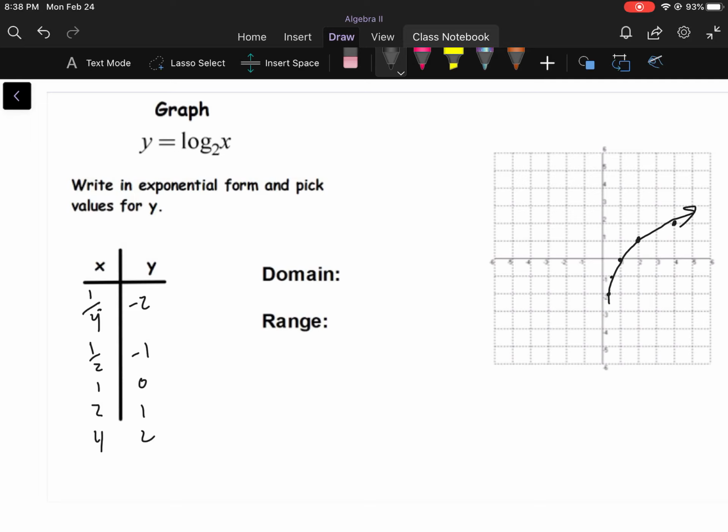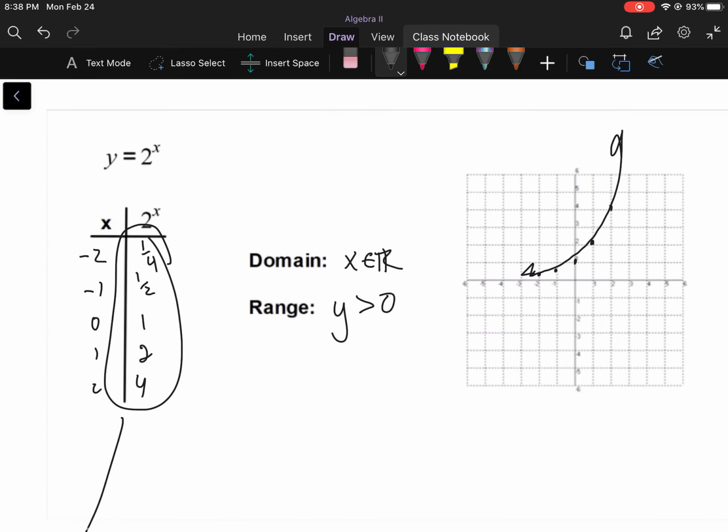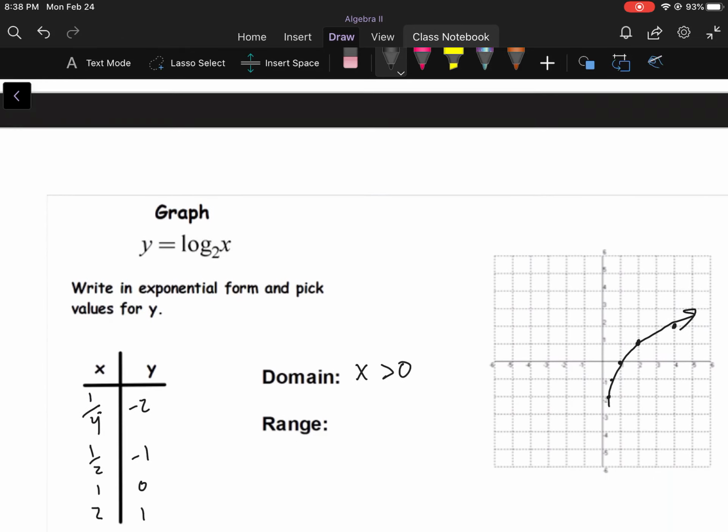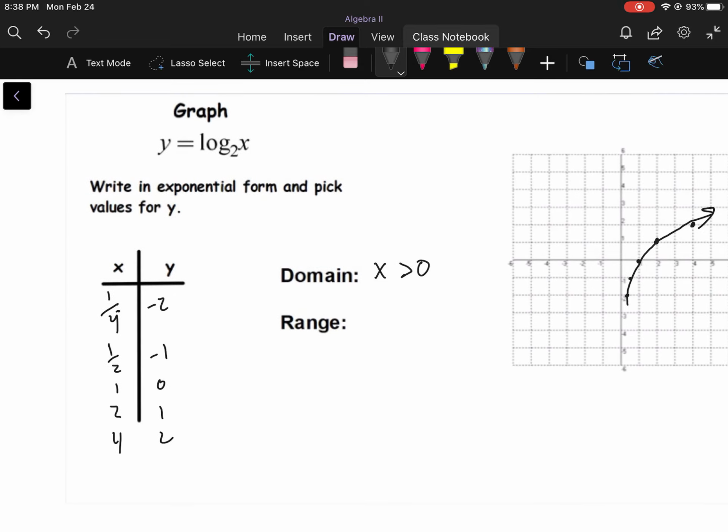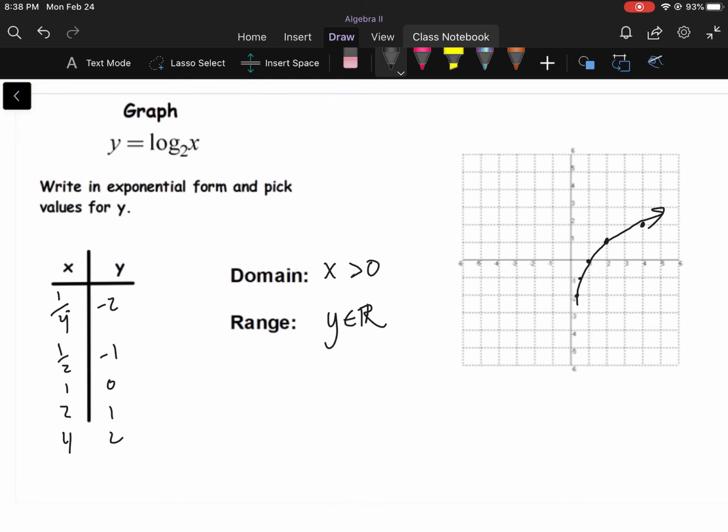Now, my domain and range are also going to switch. Notice now my domain is all a bunch of positive numbers. So now x is bigger than 0. My range before had the inequality, right? Y is greater than 0. Well, now it's my domain that has the inequality. And my domain before for exponential had all real numbers. Now it's my range that's all real numbers. So everything kind of flip-flops, Freaky Friday.